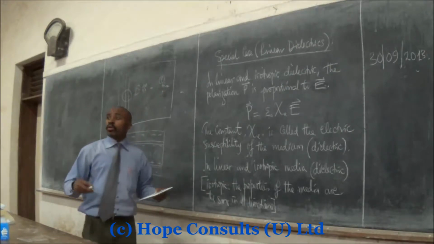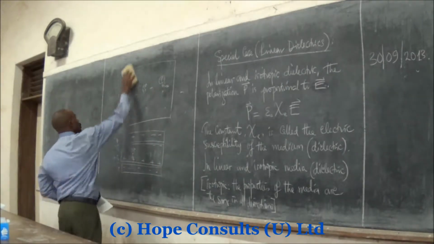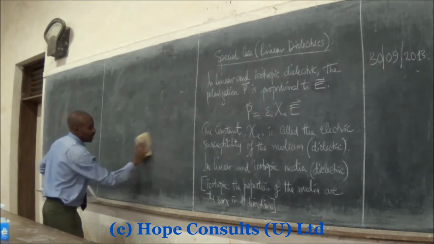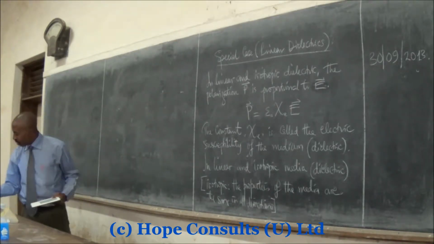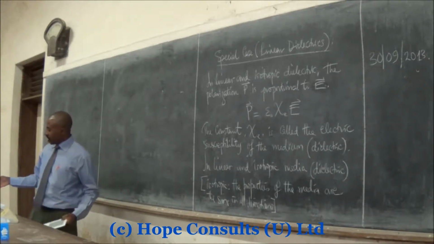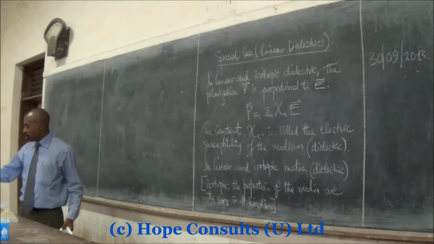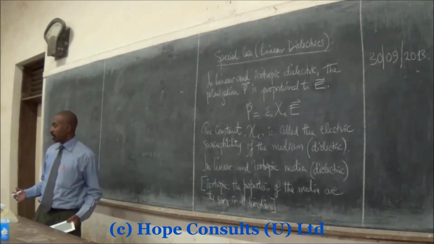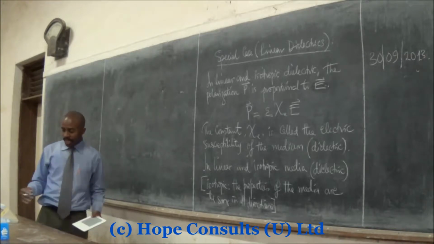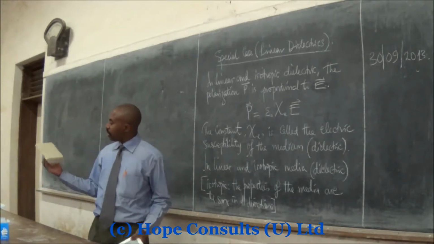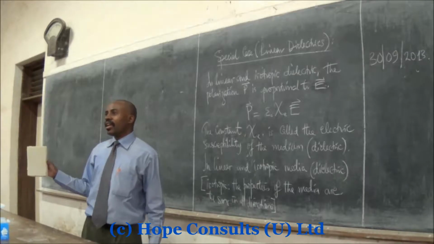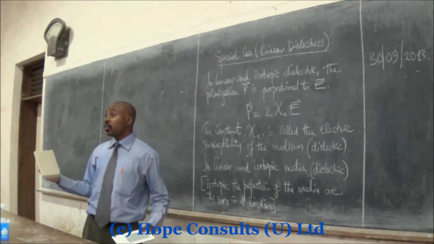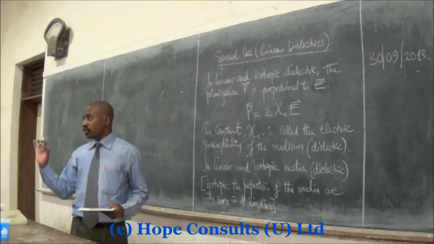When we talk of isotropic, we mean that all the properties are similar on all sides. This may not be a good example, but whether you look at it from this side or the other side, or from whichever angle, the properties of such a material are similar, if it was manufactured with precision.